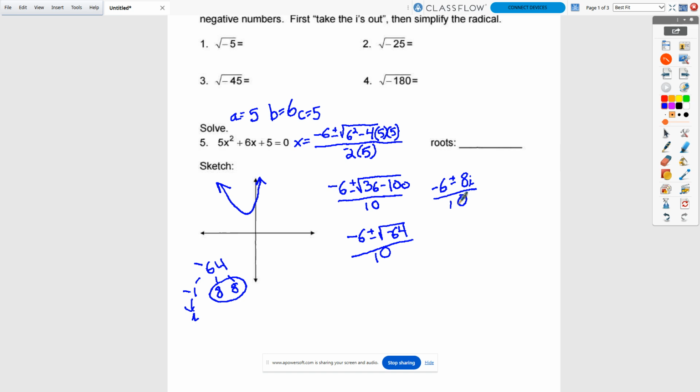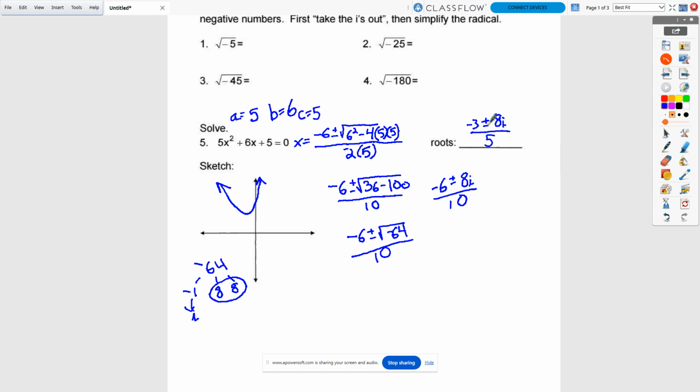All those are even numbers, so the most I could do from here is really just divide everything by 2 to end up with my roots being negative 3 plus or minus 8i over 5.